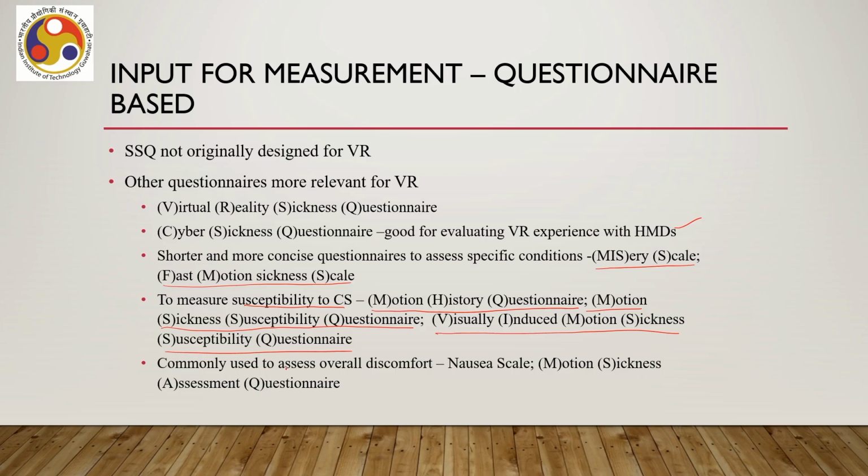Also, there are some commonly used questionnaires to assess overall discomfort, namely nausea scale, motion sickness assessment questionnaire or MSAQ. So, there are many such questionnaires that are available which are used to either detect or measure the susceptibility of cyber sickness.